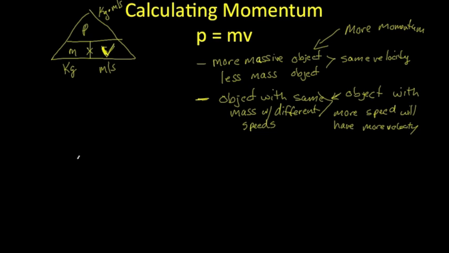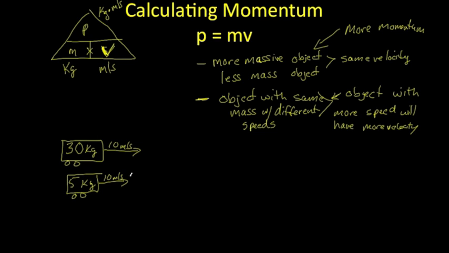Okay, just to give you a couple more examples. Let's do, if we have a 30 kilogram cart moving right at 10 meters per second, and a 5 kilogram cart moving in the same direction at the same velocity, each cart will have different momentums.